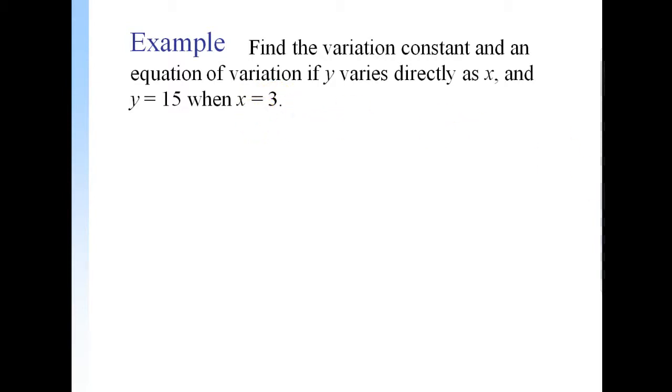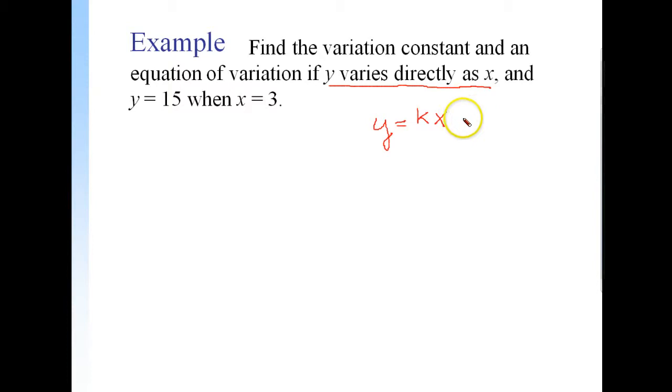And my strong suggestion is whenever you have an example like this, and it's saying that y varies directly as x, you're going to write the basic formula y equals kx. This is sort of like the standard form for direct variation. Y equals kx. Very much like slope-intercept, but there is no b out here.